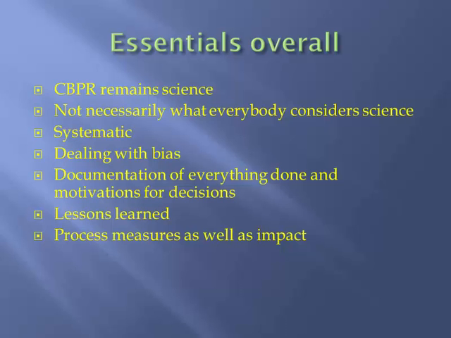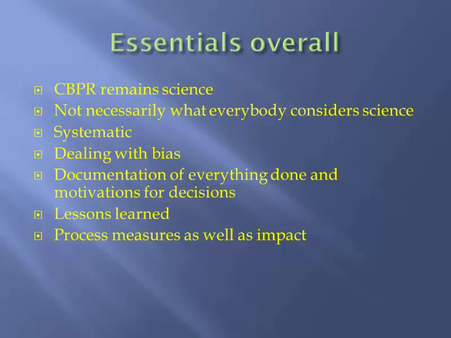And you're looking at process measures as well as impact. A lot of CBPR is split between this. A lot of general research focuses on impact. In CBPR we're a lot more interested in also the process measures.